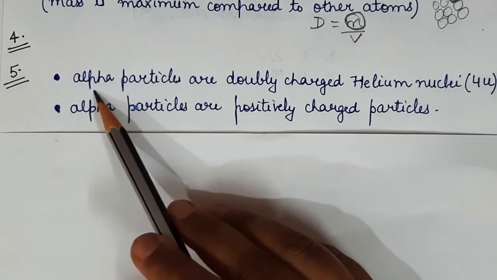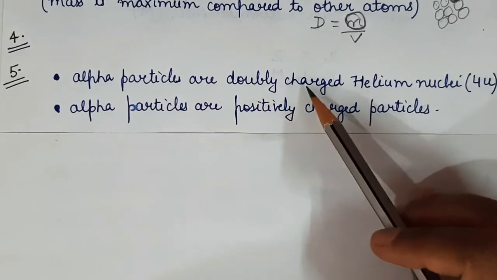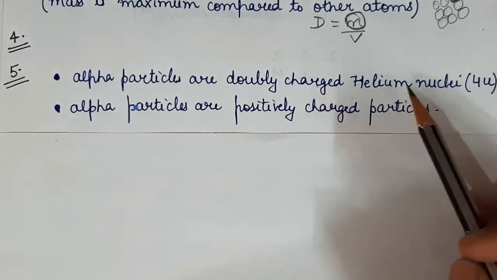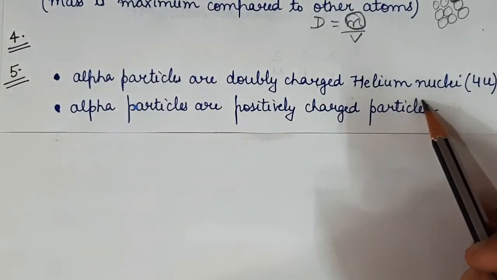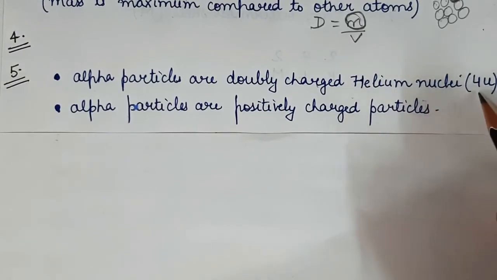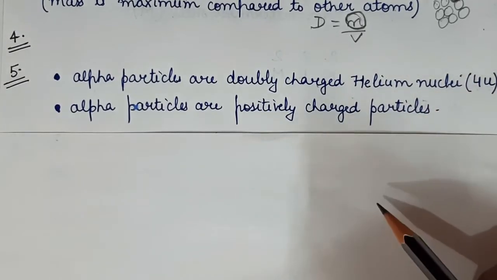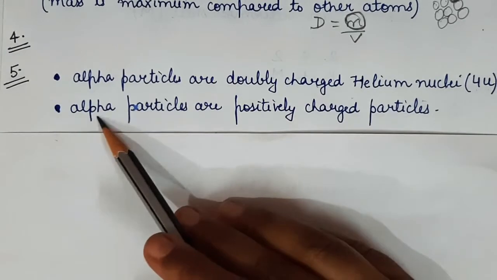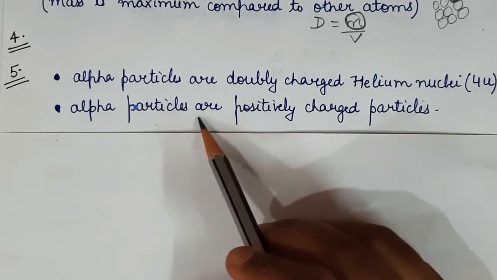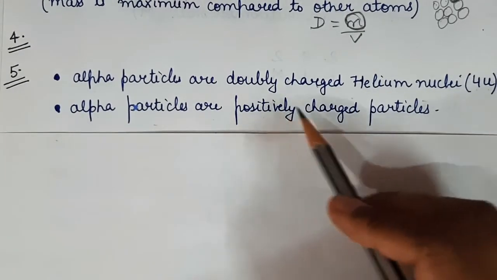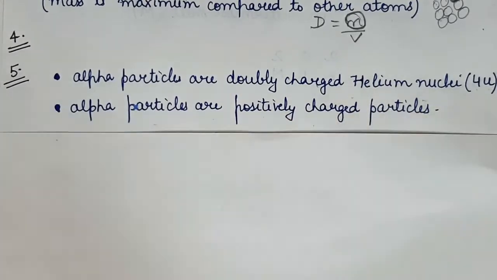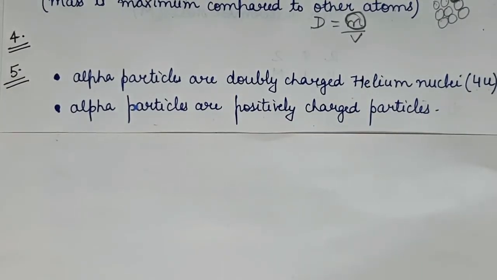Number 1, the alpha particles are doubly charged helium nuclei having a mass number 4u. Number 2, the alpha particles, they are basically positively charged particles. Okay, so these are the two properties of alpha particles.